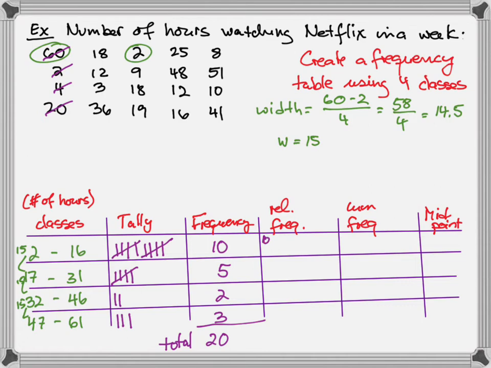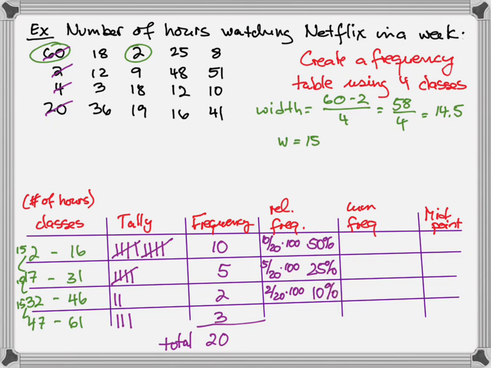So 10 divided by 20 is 0.5, and 0.5 times 100 is 50%. So 50% of the people that we asked here watch Netflix between 2 and 16 hours in a week. 5 divided by 20 is 1/4, times 100 is 25%. 2 divided by 20 is 1/10, times 100 would be 10%.